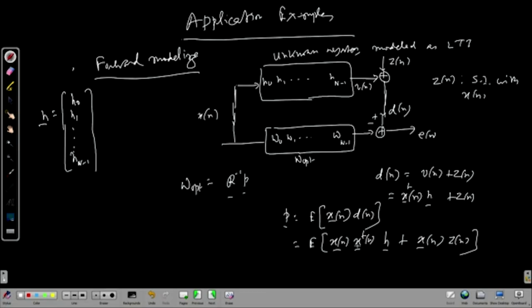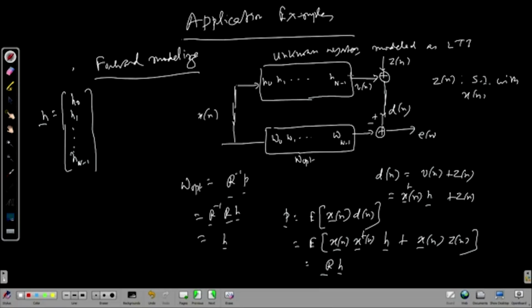So, it will be E on this into H, this is R. So, this will be your RH, R is the autocorrelation matrix, which means in this case the optimal filter will be R inverse RH and it cancels H, which means if I know the value of capital N correctly and calculate the optimal filter in this case using noisy plant output as Dn and input Xn, that optimal filter will be the actual true system parameters.